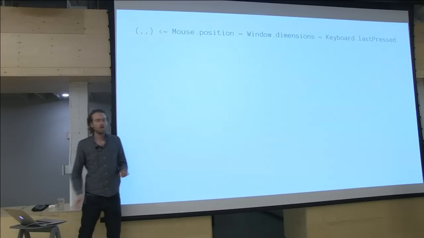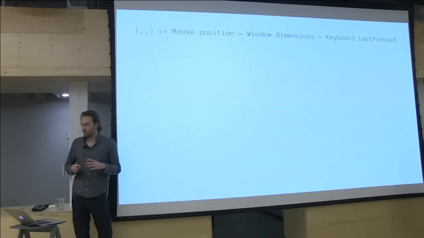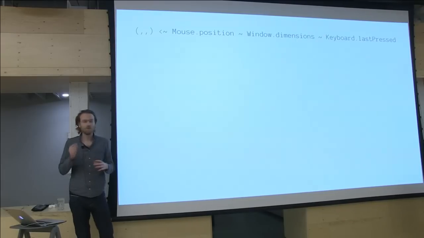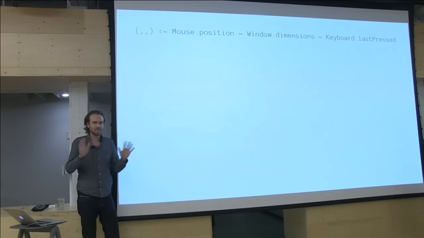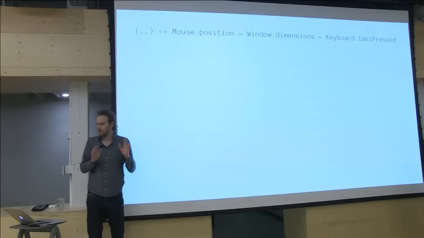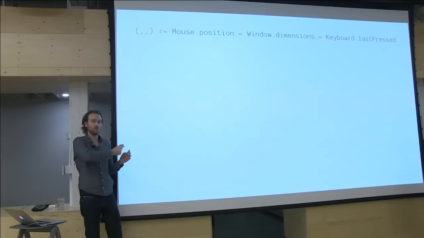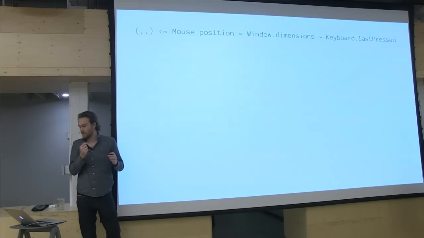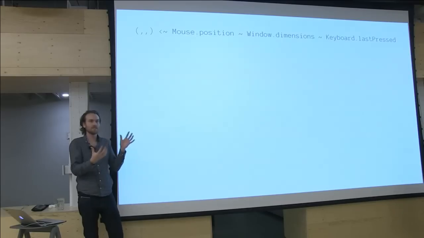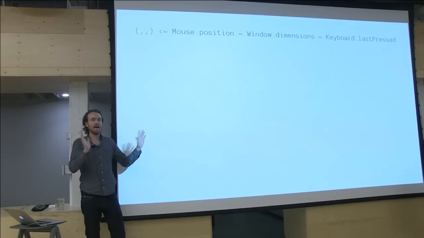I think this is what lets Elm have the nice syntax that lets you avoid lift 3, lift 4, lift 5, because applicative basically says you can abstract over all that.